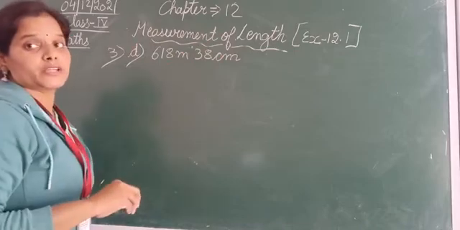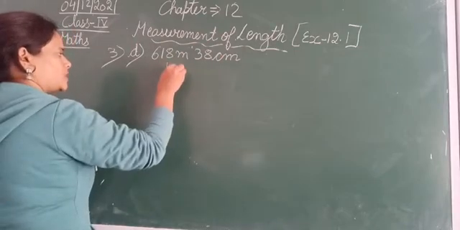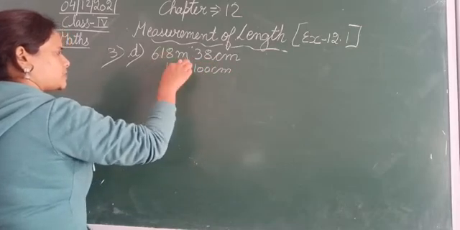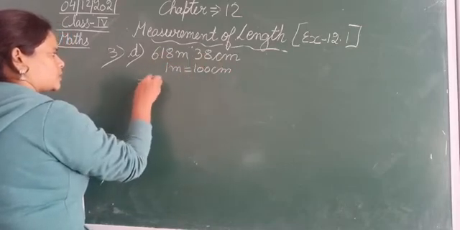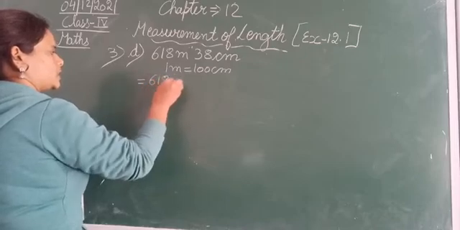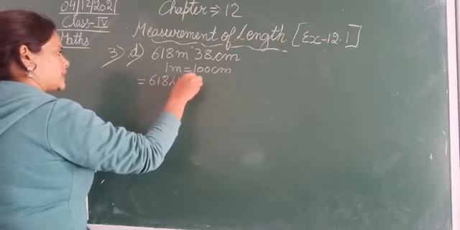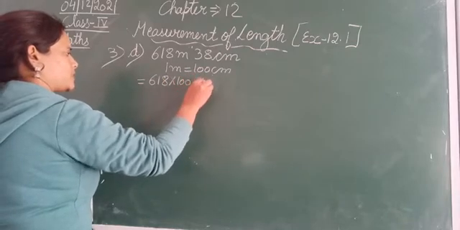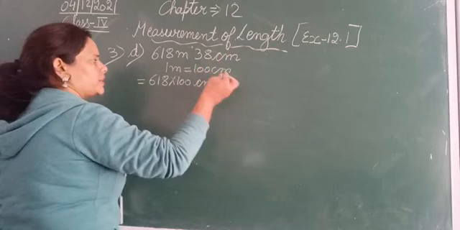Again we need to convert it to centimeter. 1 meter is equal to 100 centimeter. So 618 is in meter and 38 is in centimeter. Let's convert 618 by multiplying with 100 into centimeter, which is 61800 centimeter. 38 is already in centimeter.